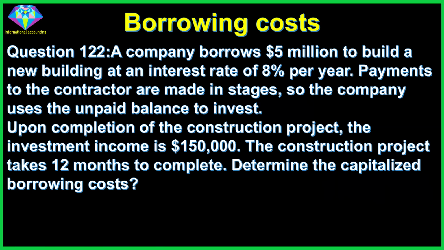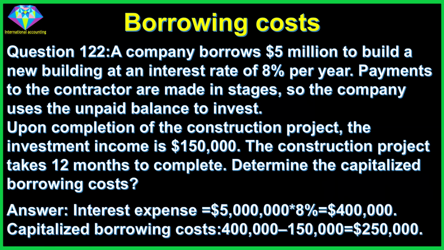Determine the capitalized borrowing costs. Answer: Interest expense equals $5 million multiplied by 8% equals $400,000. Capitalized borrowing costs: $400,000 minus $150,000 equals $250,000.